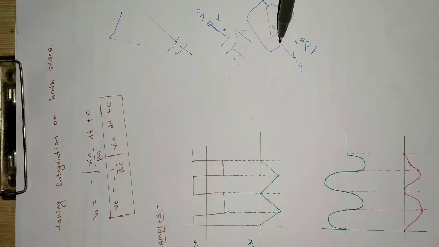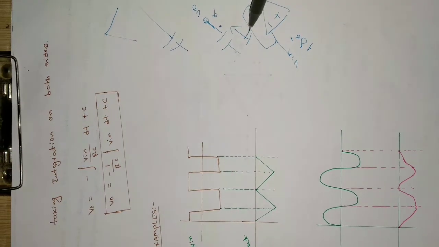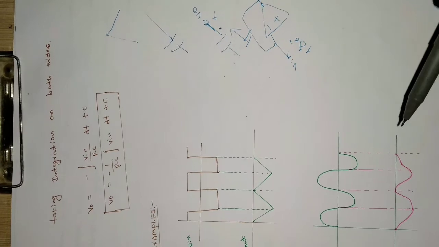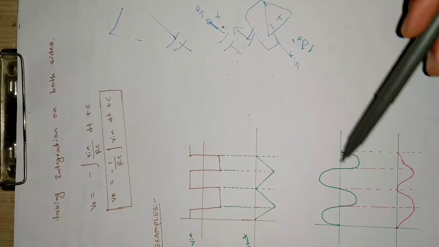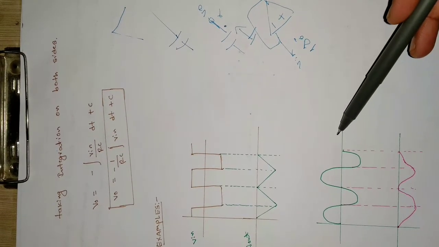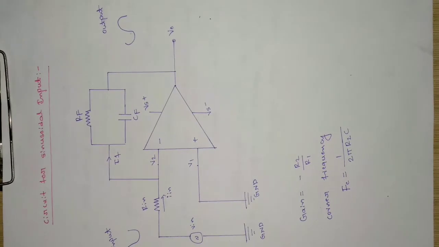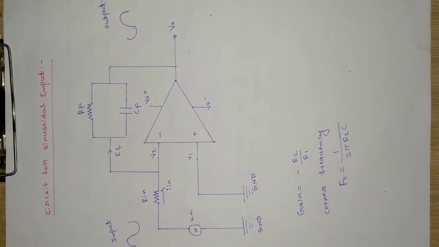So you are applying an input at the inverting terminal, so you'll be getting a 180 degree output phase. So the output will be 180 degrees out of phase with respect to the input. This is the input waveform and this is the output waveform.